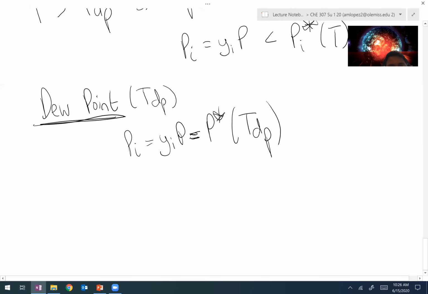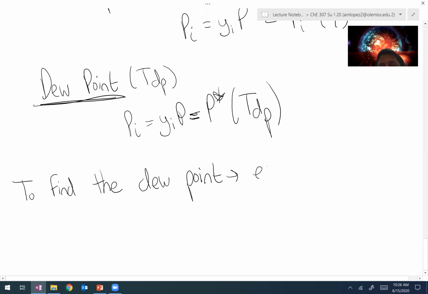So in order to find the dew point, we have to estimate our partial pressure.